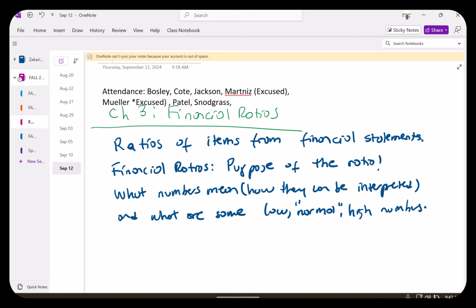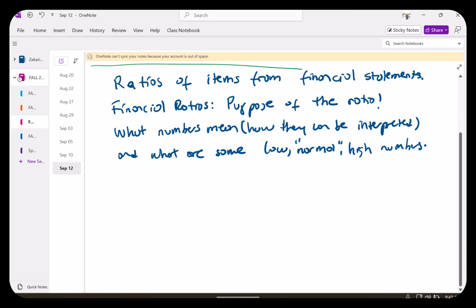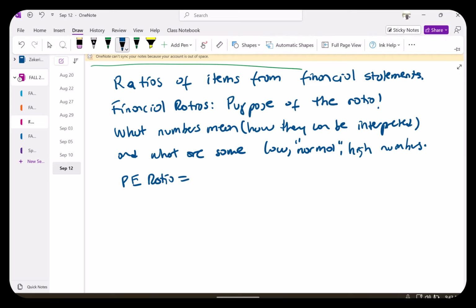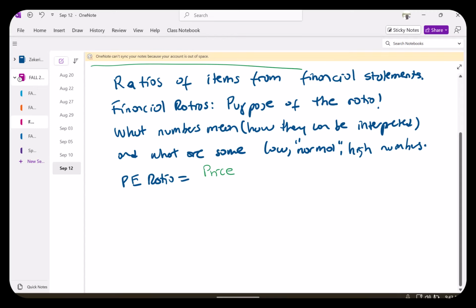All right. Now, what's the purpose of telling this? At a minimum, I can kind of tell a story. PE ratio. Let me do that in a different color.